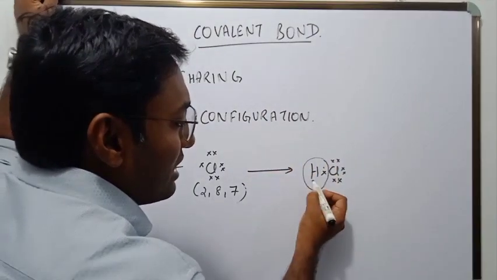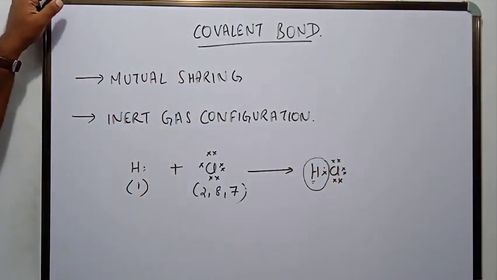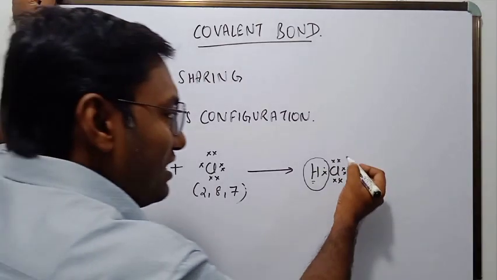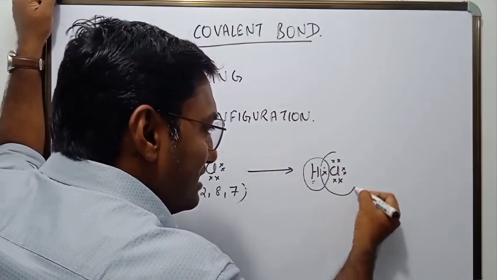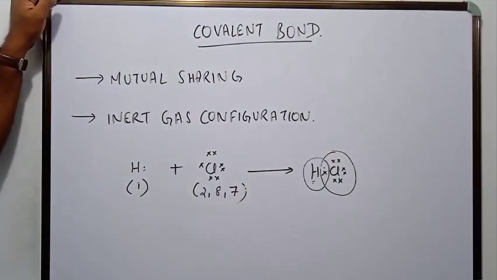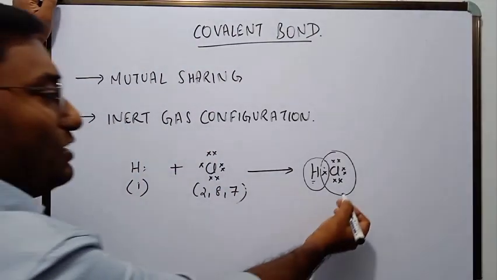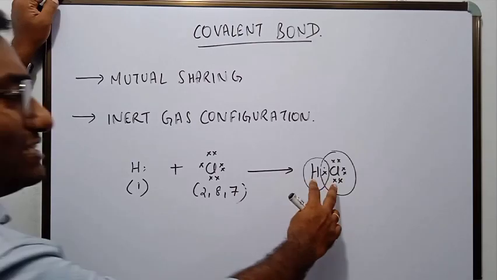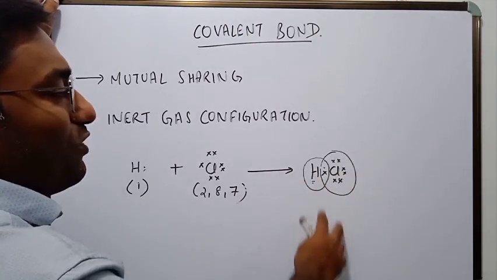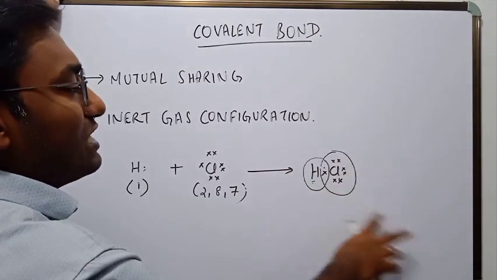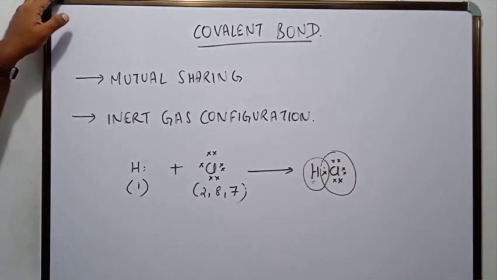It achieves the electronic configuration of helium. And for chlorine, an octet configuration is achieved. It achieves the inert gas configuration of neon. So a stable electronic configuration in the outermost shell is achieved.